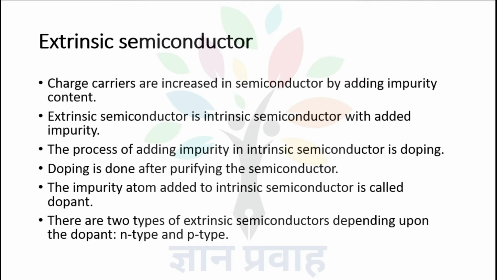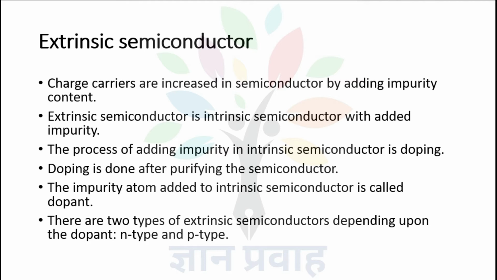It is responsible for increasing the number of charge carriers in a crystal structure of semiconductor material, and it is responsible for large current conduction in an electronic device or circuit. The process of adding the impurity atoms in intrinsic semiconductor material is called the doping process.